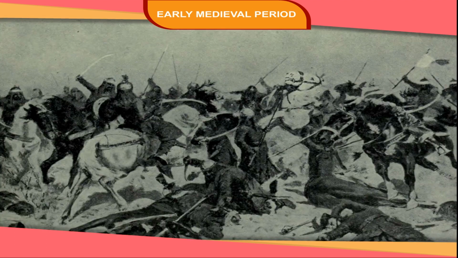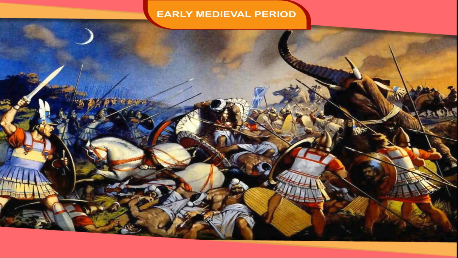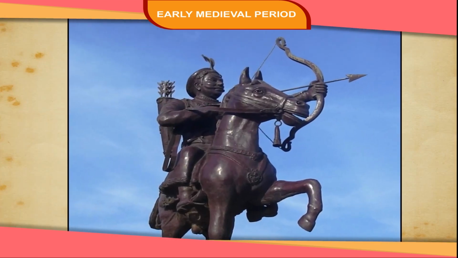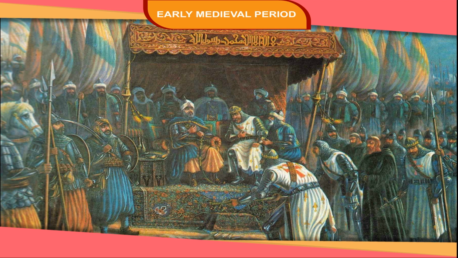Battles of Tarain. A dispute over a fortress on the border of the two kingdoms brought the armies of the two kingdoms into conflict in the first battle of Tarain, also called Tarauri, in 1191 CE. Prithviraj defeated Muhammad Ghori and pardoned him despite his generals asking him not to do so. Within a year, Muhammad Ghori made careful preparations and marched back with a large army.